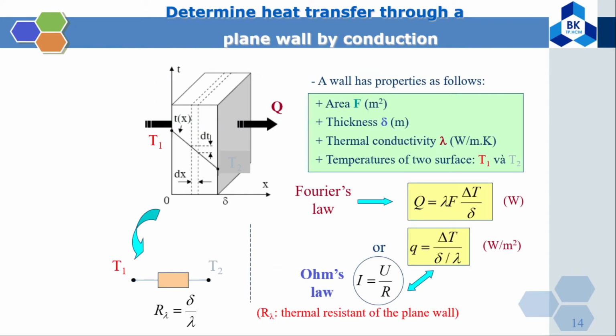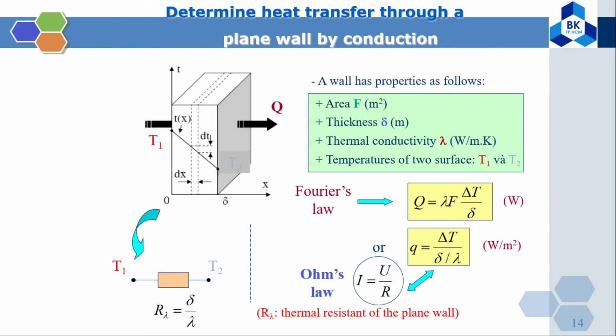In the next picture, we determine the heat transfer through a plane wall by conduction. We have a wall with area F, thickness delta, thermal conductivity lambda, and the temperatures of the two faces are T1 and T2.